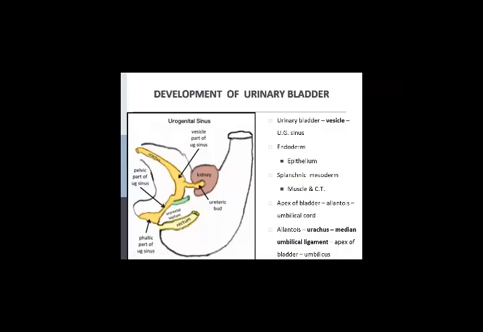bladder. The apex of the urinary bladder is continuous with the allantois. This allantois shrivels to form a structure which is called the urachus.